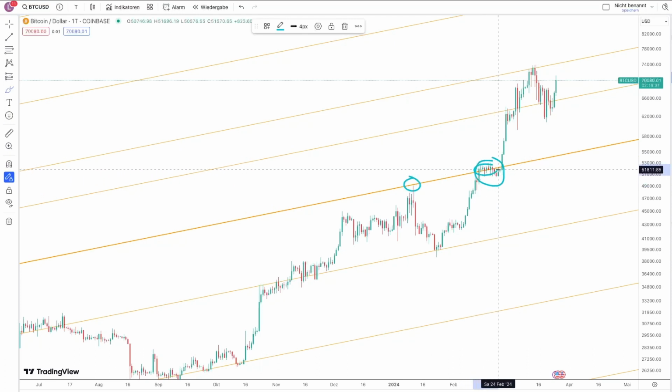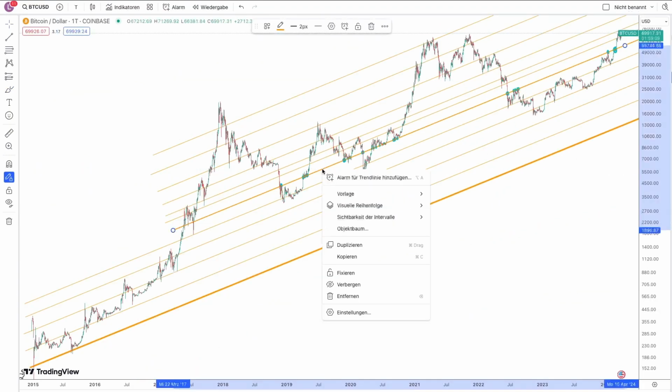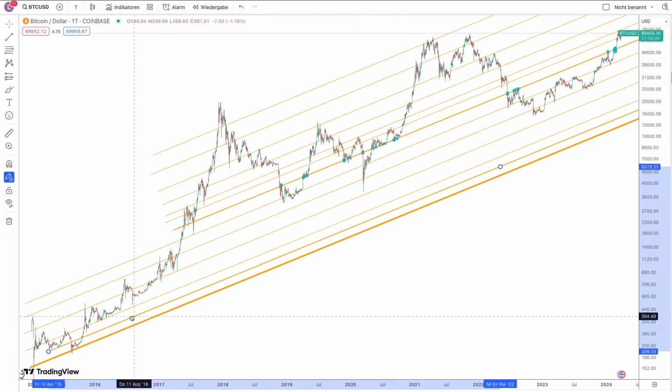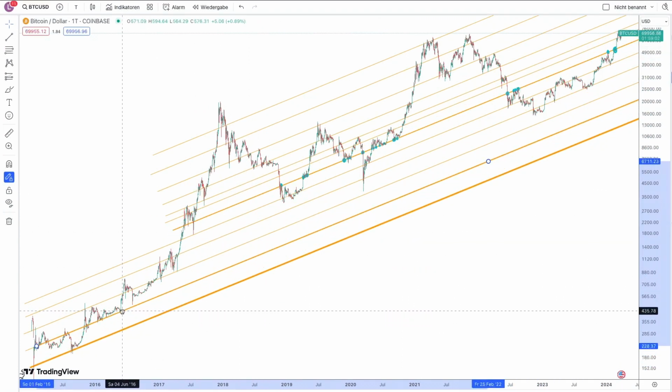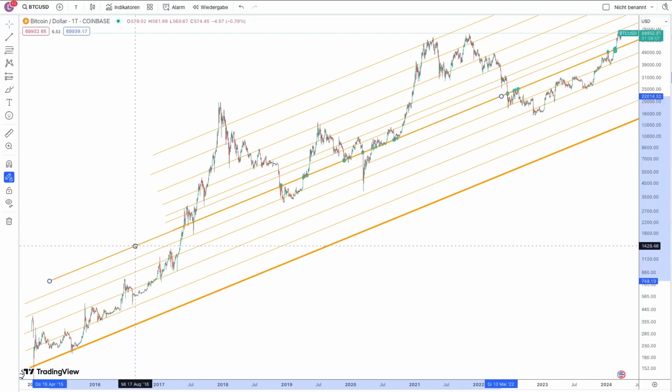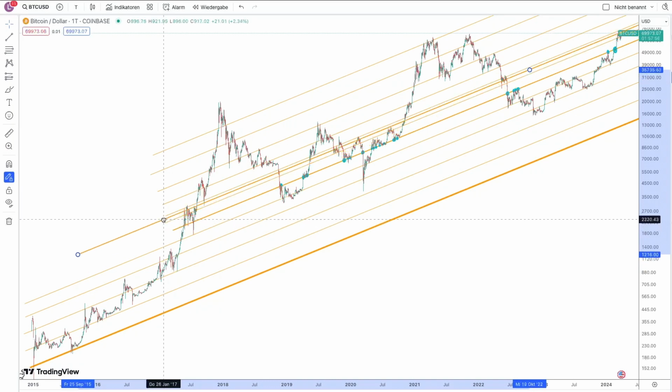And again, pay attention to the body closes. And again, you can duplicate your ground line and search for the supports and the resistances. You will be surprised how the price respects these lines.